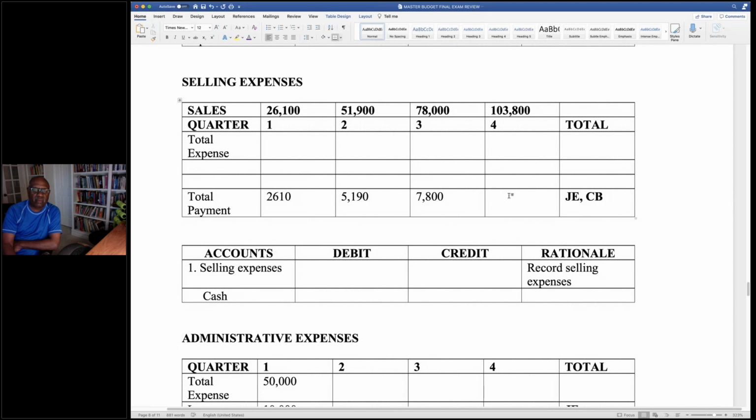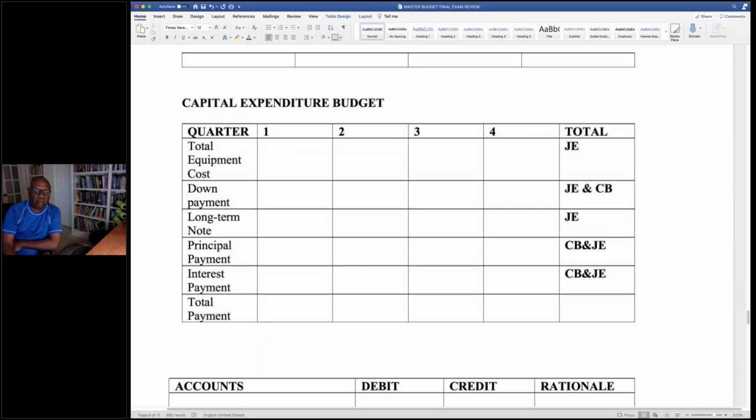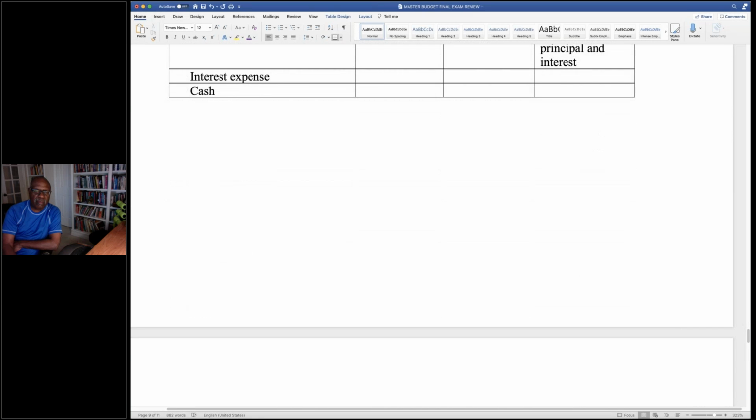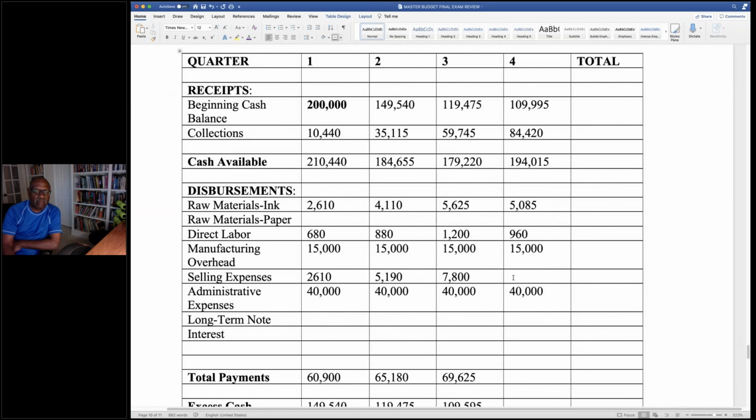And then 10% of that would be 10,380. And we'll put that in the fourth quarter for selling expenses.